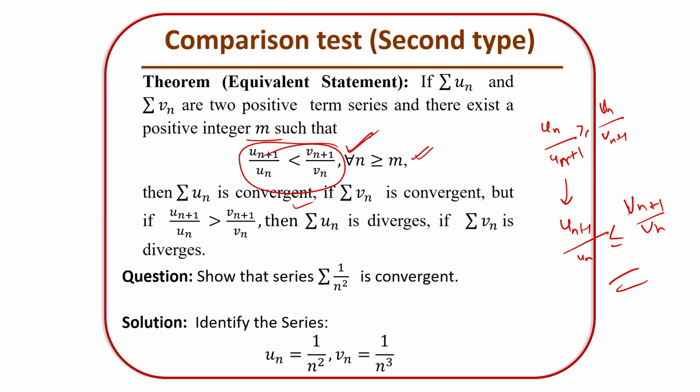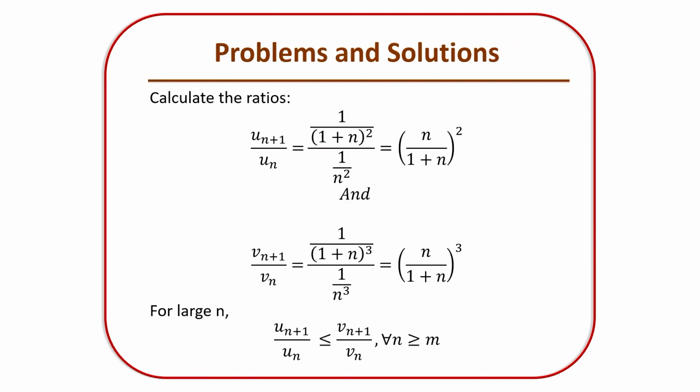Now use this theorem to prove that the series 1 by n square is convergent. So firstly, one series is given, un. Now I will identify the next series so that we can have the comparison. So here un equals 1 by n square and vn equals 1 by n cube, and un plus 1 by un we can calculate very easily: n square divided by n plus 1 whole square.